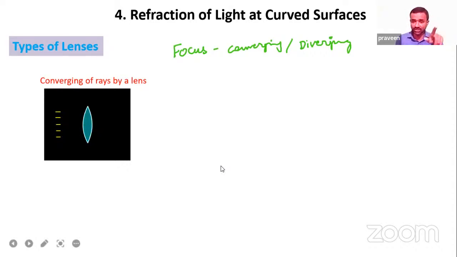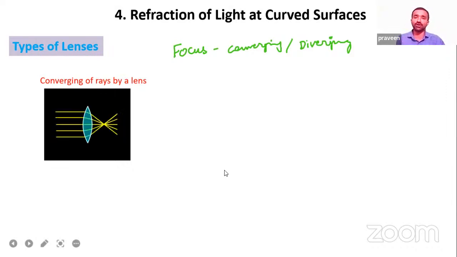So this lens is converging the light rays. Based on that type of behavior, the following lenses are called converging lenses. What are they? Concavo convex lens, plano convex lens, and double convex lens.